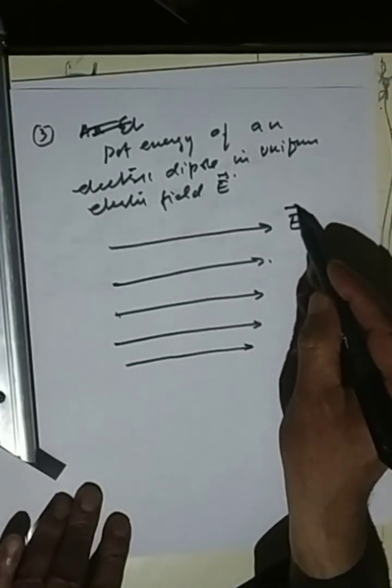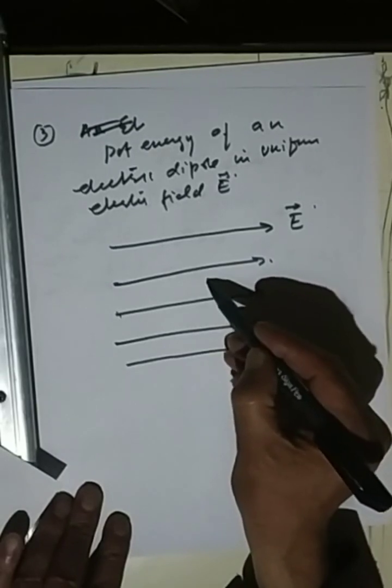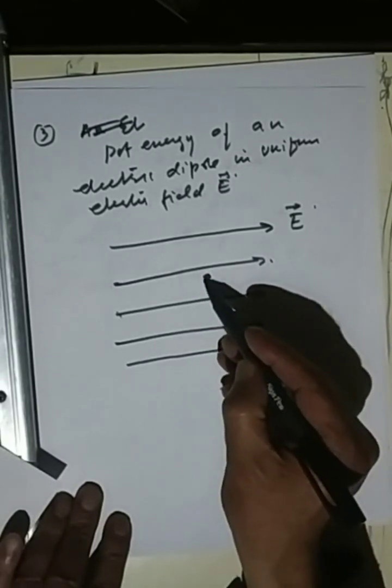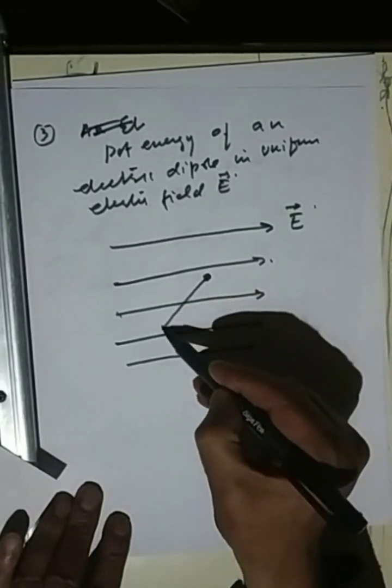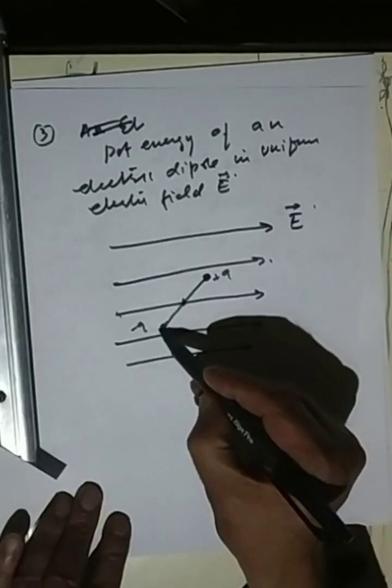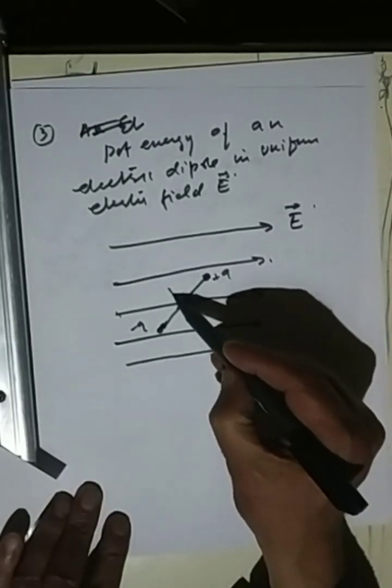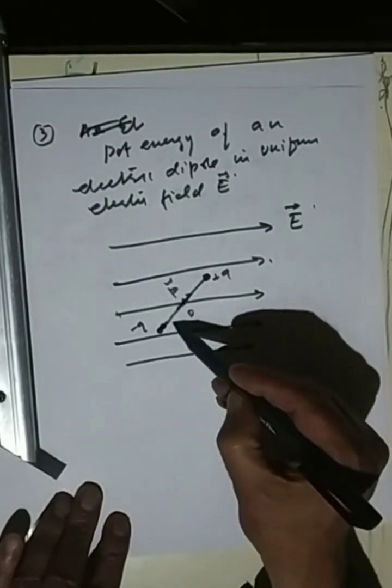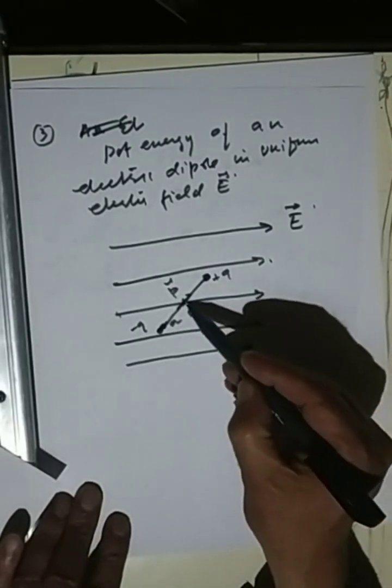Let this electric field be E. Let us suppose that we have a dipole, minus Q charge and plus Q charge. The center will be O. Its dipole moment, let us say, is P. Its length is A and A, that is 2A.